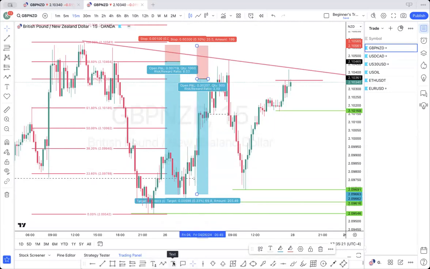So let's write it out. You have a $200 account and say you're trading at $2 per pip. Okay.